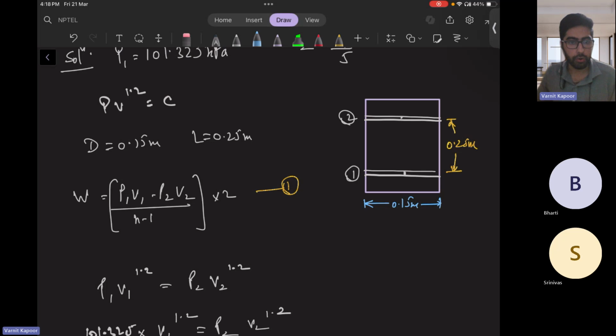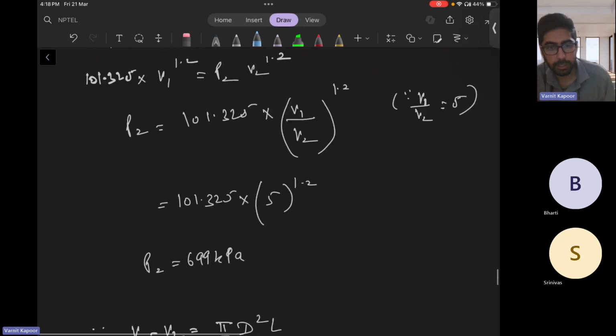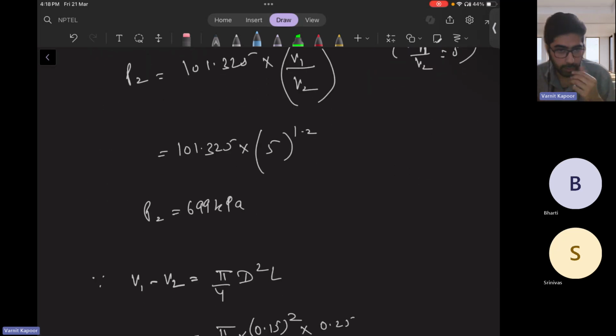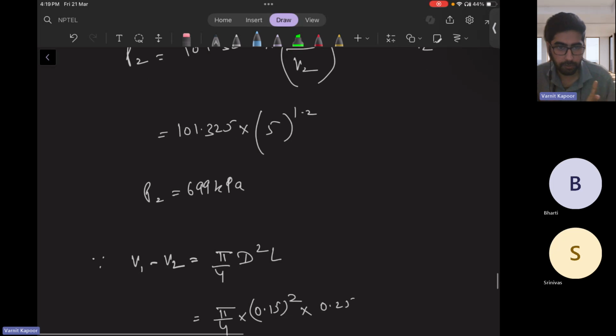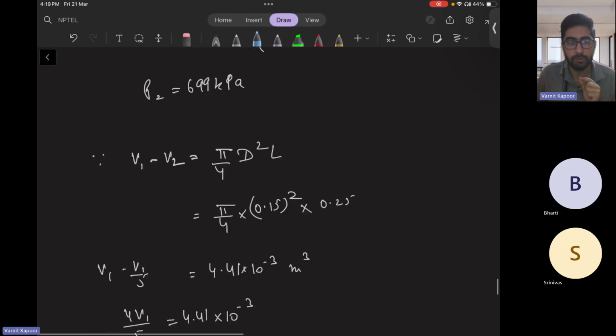So put the values, but you don't know the values of P1 V1 P2 V2 explicitly. So P1 is known, 101.325. V1 and V2 you don't know, but the ratio of that you know, that is coming out to be 5. So from here you get the P2 value. Now you don't know V1 V2 explicitly, so you know that the swept volume is pi by 4 d square L for that engine. You know the d, you know the L, and V2 is V1 by 5.